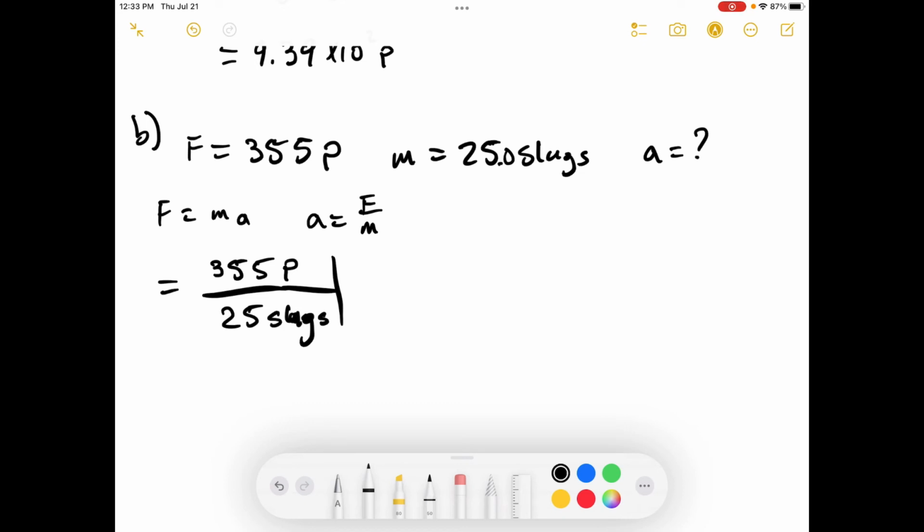We know that 1 poundal is equal to 1 pound mass foot per second squared.